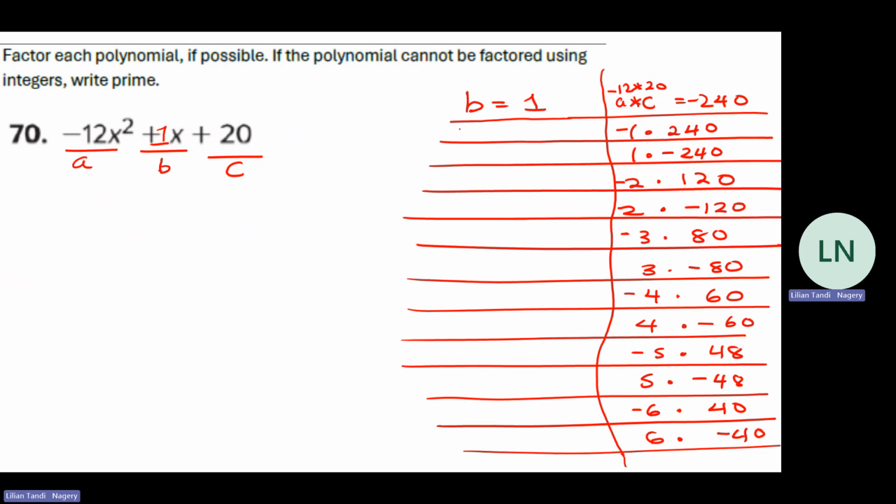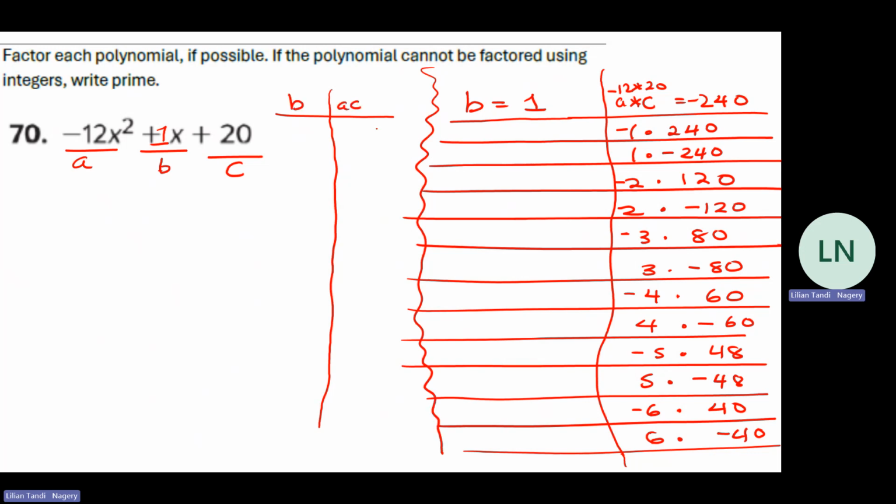So our table has to continue. I'm going to do another one over here and continue. Here we're going to put a line like this. So we separate. Here is B, here is A times C. So here we're going to have 8 times who? 240 divided by 8, 30.